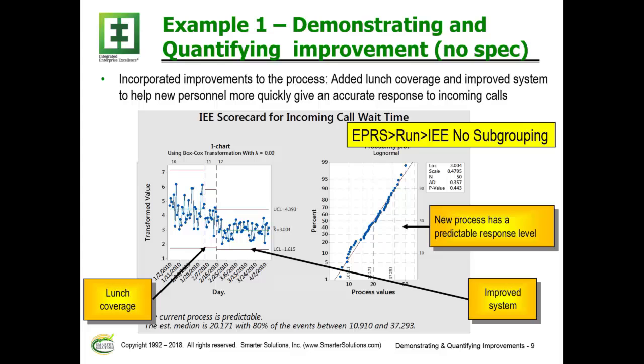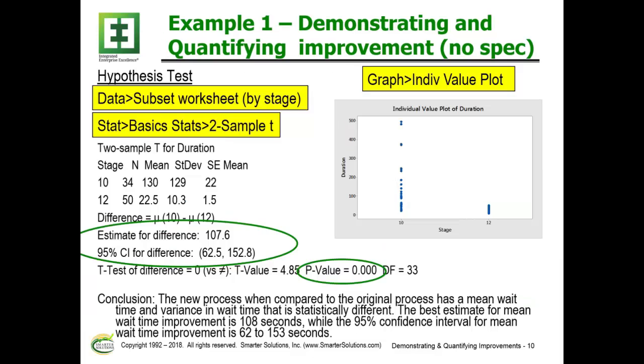This is the chart that shows a staging of when we actually made improvements and what we did to reduce the amount of wait time in the call center. As you can see, the numbers went down. Now we want to compare that statistically, so we could present as part of our report out something that would look like this.